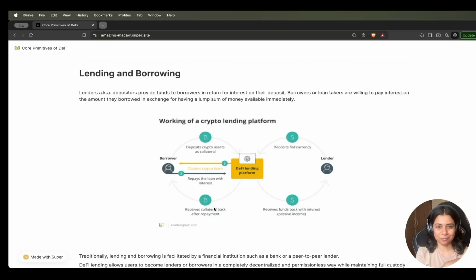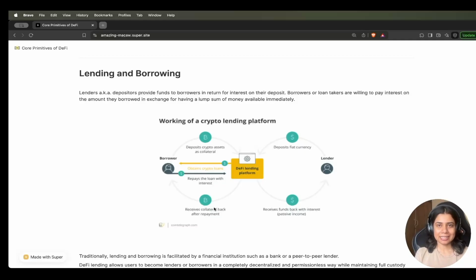On the other side, we have borrowers, as you can see in the diagram here. These borrowers are interested in taking loans and they agree to pay interest on the amount they borrowed. And they get the loan immediately, as in the traditional space.